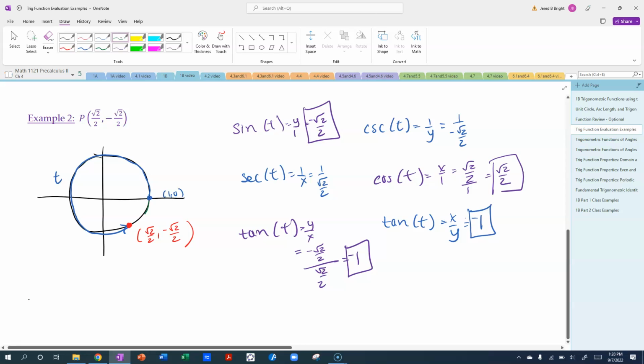Coincidentally, if you were, for some reason, wanting to look at going from (1, 0) to the point P clockwise, that would be negative arc length. You can do that too, but just make sure that you change all the t's to minus t's in your function. I digress.